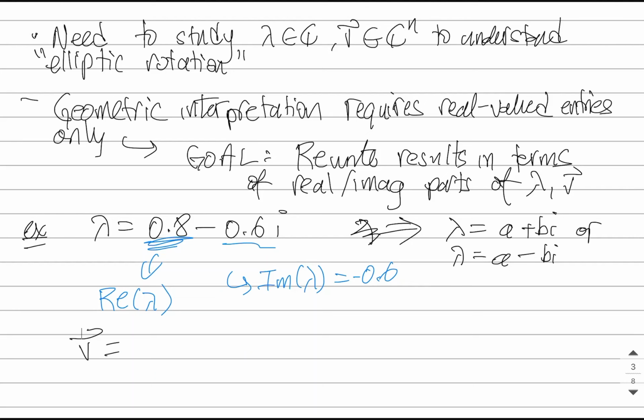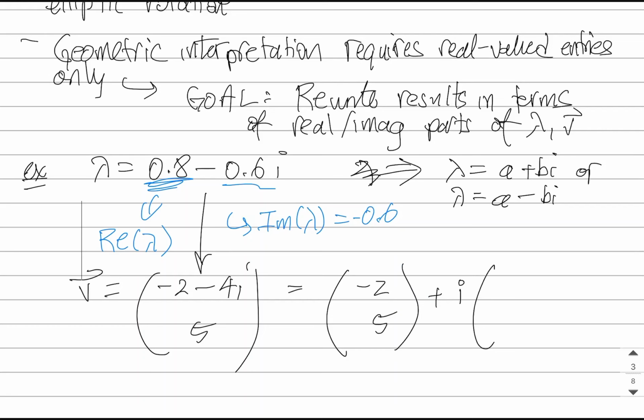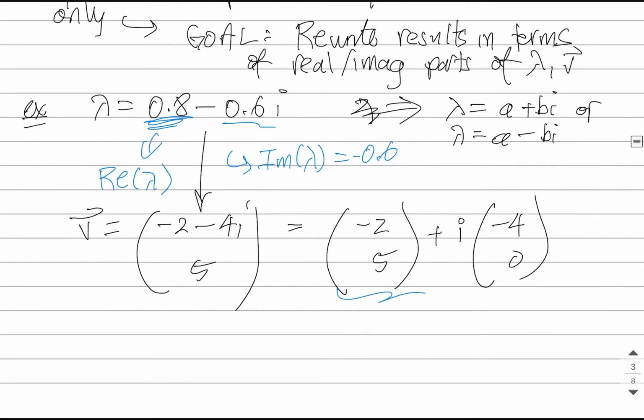The eigenvector that we found was negative 2 or minus 4i in this particular case, and 5. So if I wanted to, I could write this as negative 2 and 5 plus i times negative 4 and 0. So right here, I could call this the real part of the vector v, and I could call this the imaginary part of the vector v.